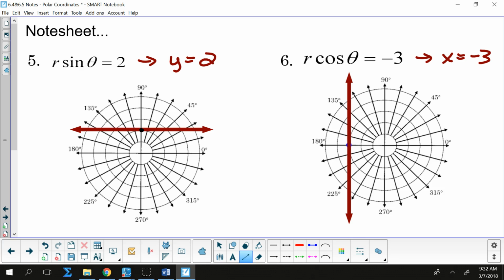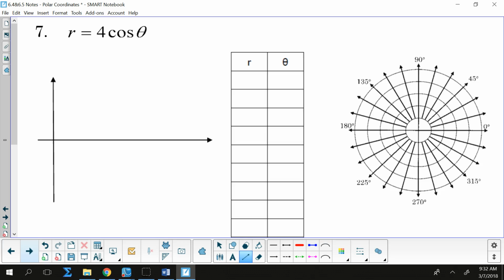Handle so far? Now let's get funky. We're going to baby step it first. I'm going to make you think all the way back to when we first started trig, when we started graphing trigonometric functions.